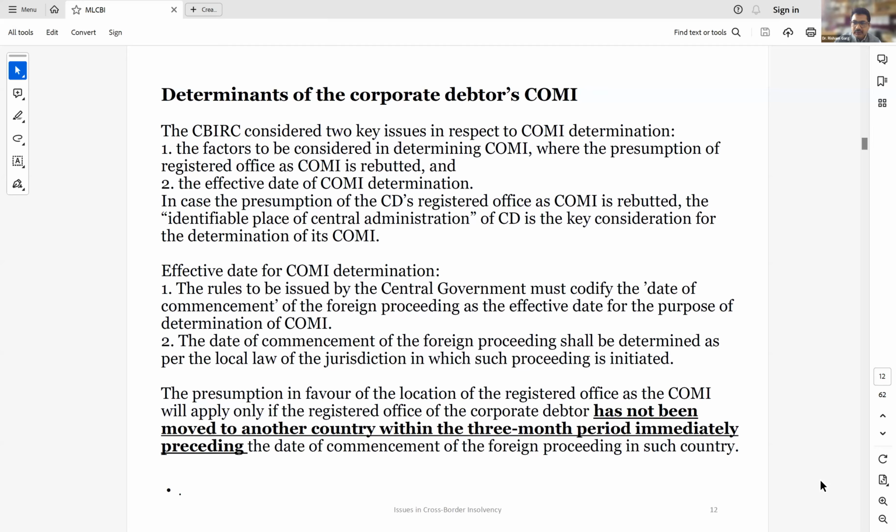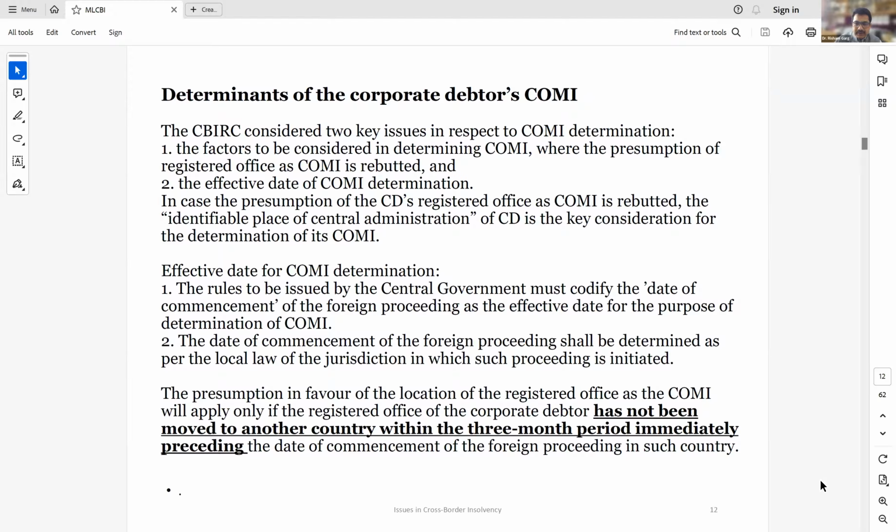So there are apprehensions that, okay, I know that I'm facing distress and insolvency proceedings may be filed against me, and I may want to avoid a particular jurisdiction, let's say India, and then move the registered office to another country, let's say Hong Kong.